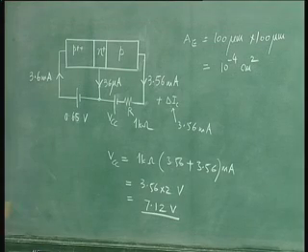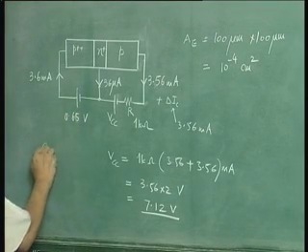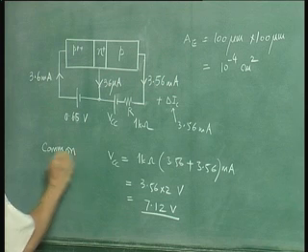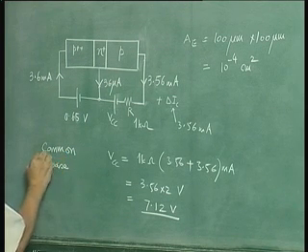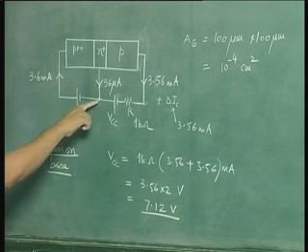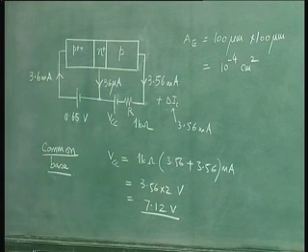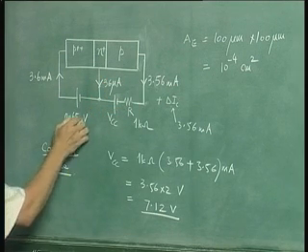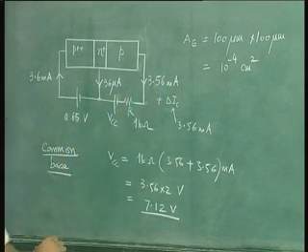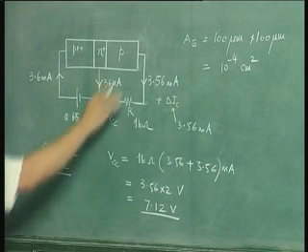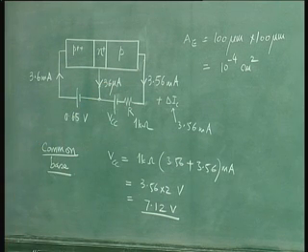Now as we have said, this is the common base configuration, because the base is common, the emitter is the input and the collector is the output. Instead we can have the common emitter configuration, where you can not only get the voltage gain that you are getting here from the emitter base junction to the collector lead, you can also get a current gain.